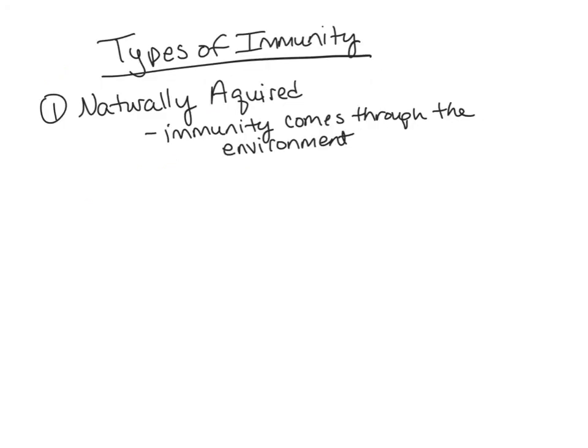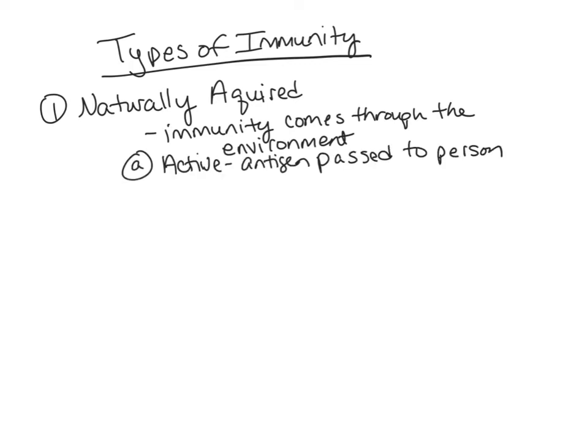Naturally acquired means it's just coming through the environment. Active means it's the antigen that's coming through the environment, right? So naturally acquired, active. How do you think a person would develop naturally acquired active immunity? Yeah, they're just coming in contact with some antigen.